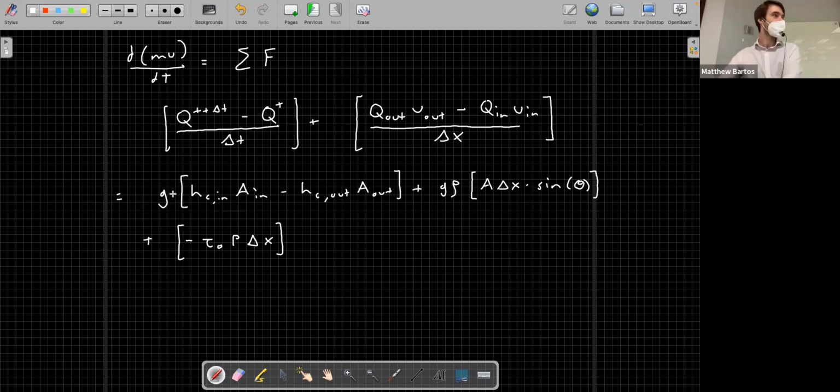And we get a delta x in the denominator as well. Here we remove the rho term, the density term, and the delta x comes out of here. So we just have a. And here the delta x comes out, and we get our density in the denominator now.